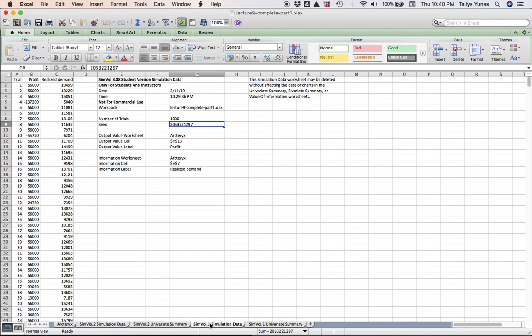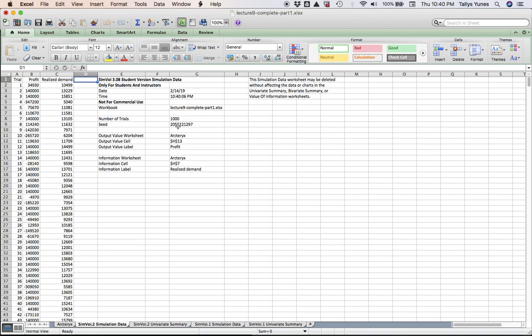Good. So I am clicking on the simulation data of the first simulation. Look at the column C of values. Now I'm going to click on the simulation data of the second simulation. Pay attention to column C. When I click there, you see that it's exactly the same.